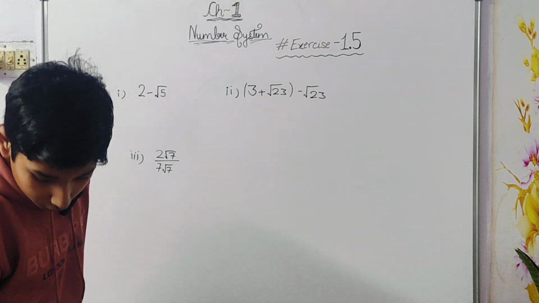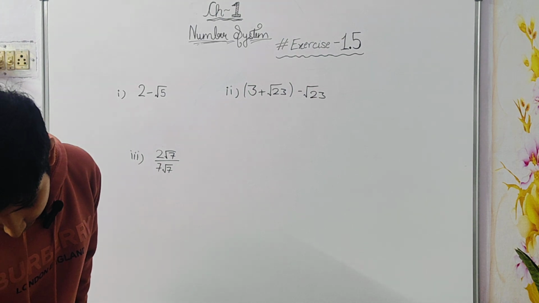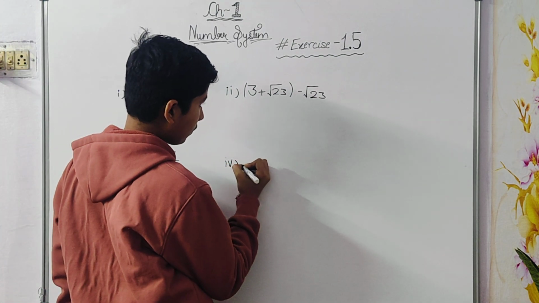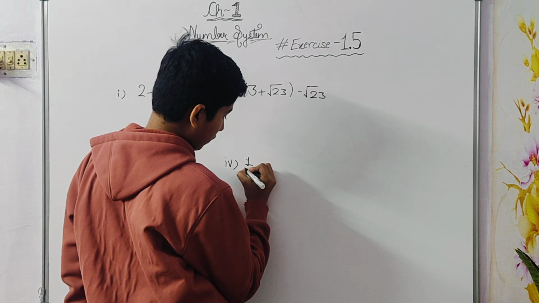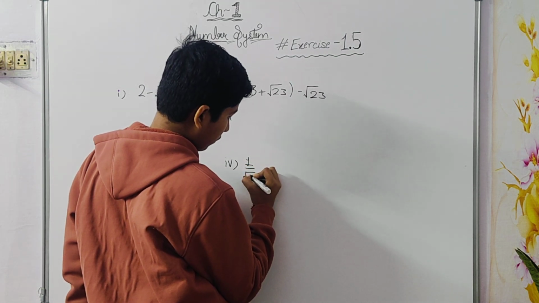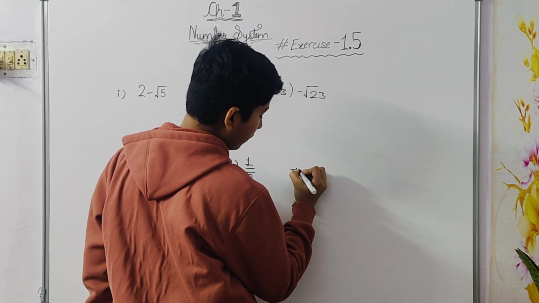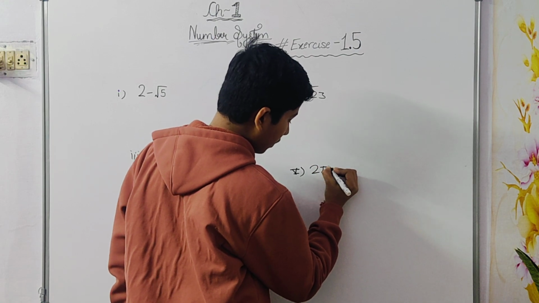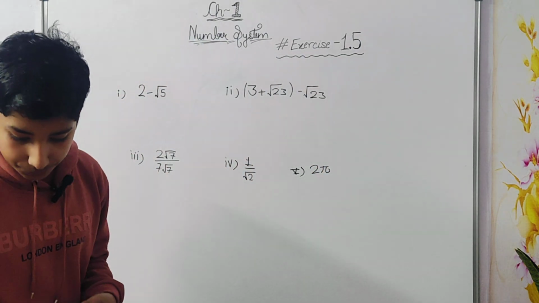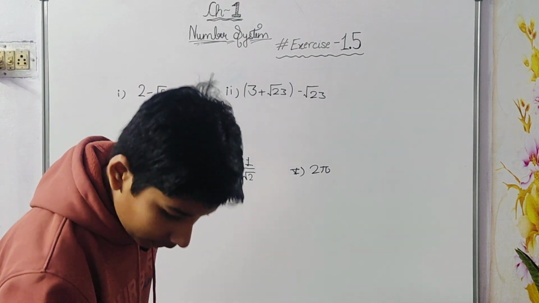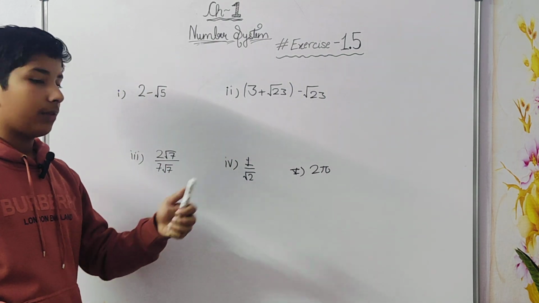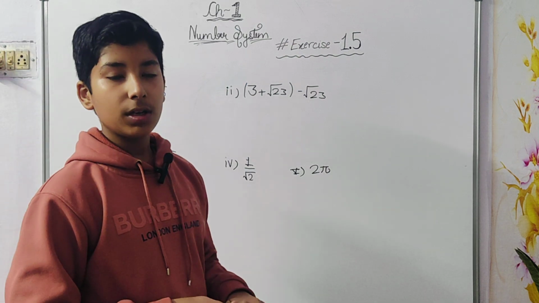Okay, and now fourth one, 1 by root 2. And last fifth one, 2 pi. Now all of us have to tell whether these all 5 are rational or irrational.